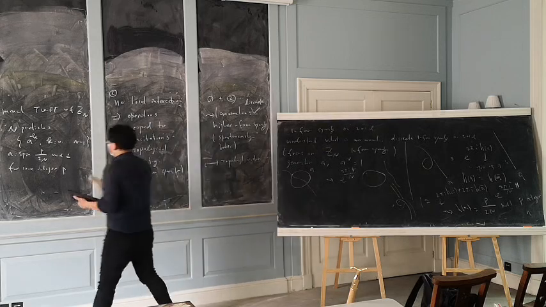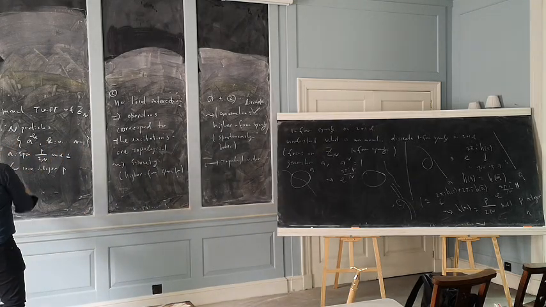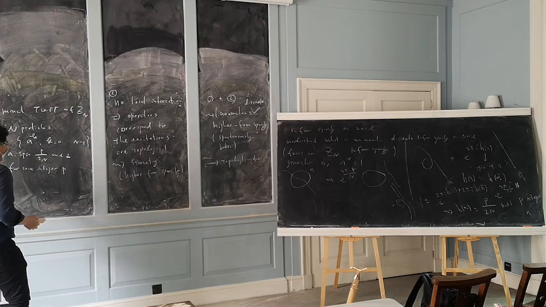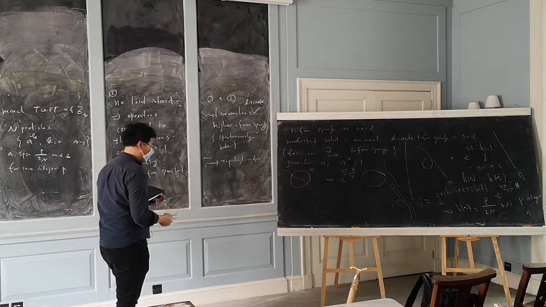So here I just defined for you a set of particles with this kind of braiding, with this particular spin. Now we ask: do they give you a consistent topological order?